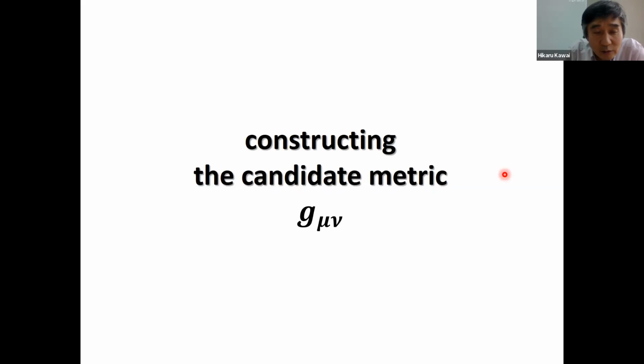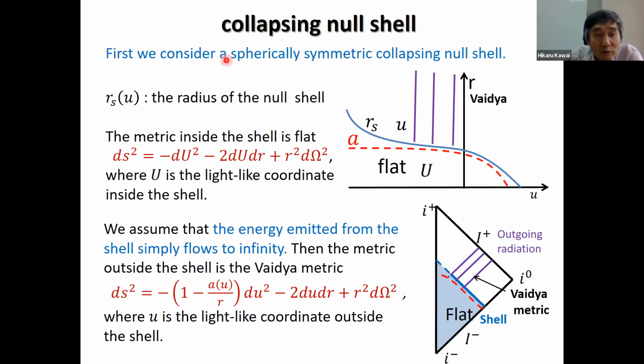So let's construct the candidate metric G mu nu. First we consider a spherically symmetric collapsing null shell. Here R_s(U) is the radius of the null shell, and this is collapsing to zero.